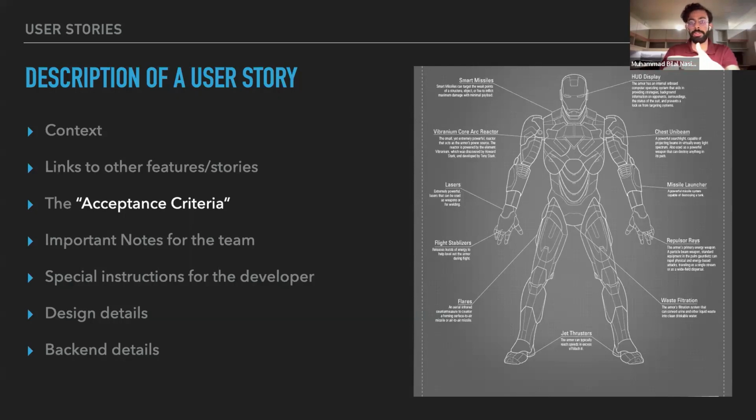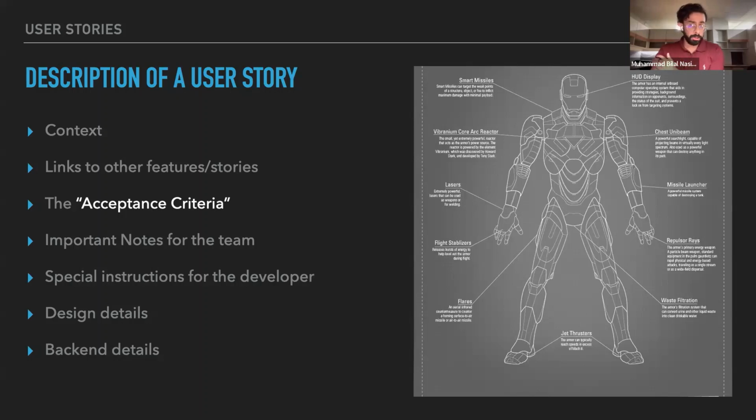So the action of searching is dependent on a lot of different interactions. It's dependent on a lot of different things as well. So how to perform that action on each and every single interaction, each and every single method of how you can perform that action and the results that you can achieve with that action, those become part of the acceptance criteria. So आपका acceptance criteria वहाँ पे होना जरूरी है.